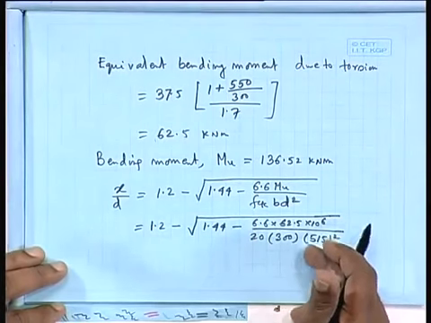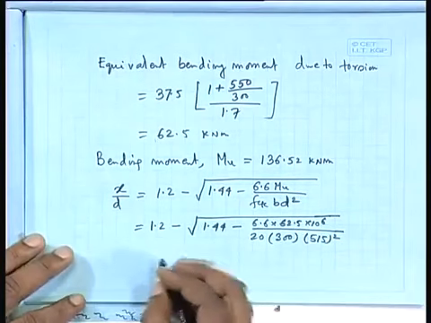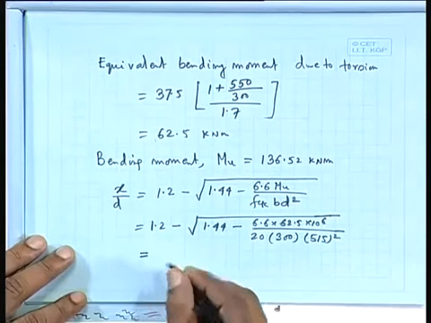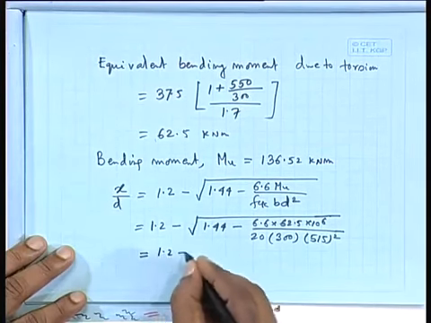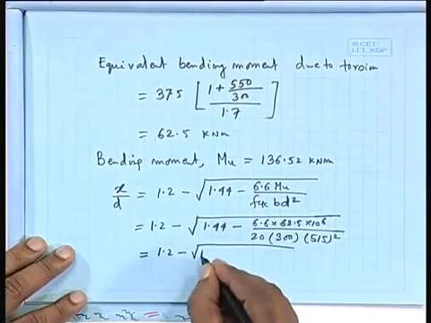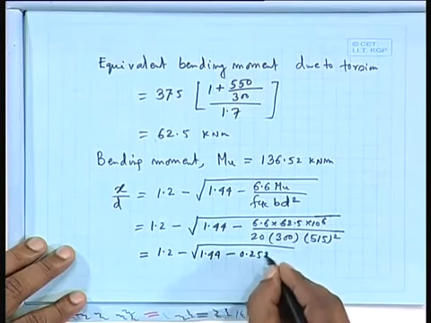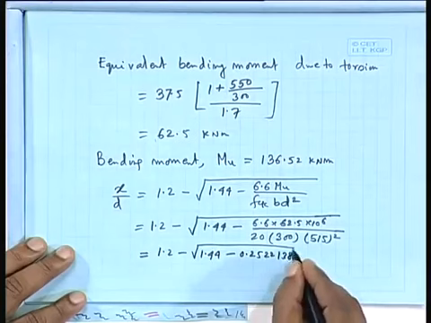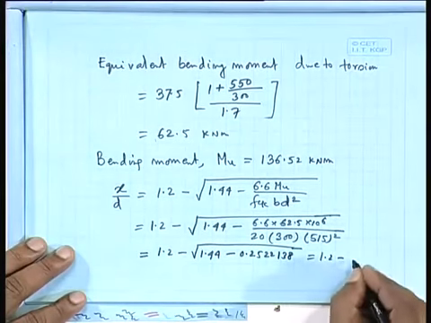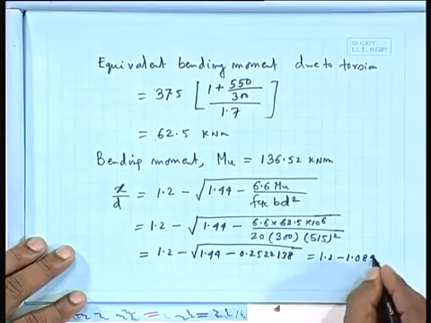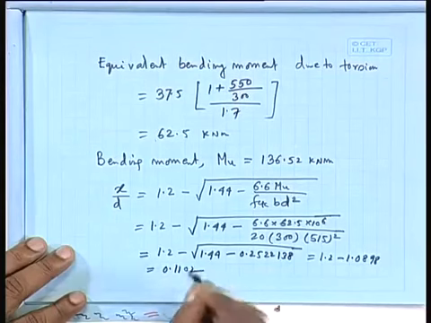Anyway, we can use the same value here, 515, and which comes as 22138, equals 1.2 minus 1.0898 equals 0.1102.